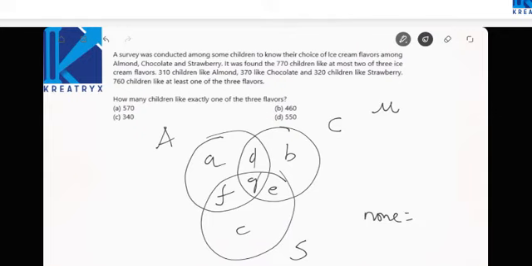Okay. Now it was found that 770 children like at most two of the three ice cream flavors. At most two of the ice cream flavors means you have to include the persons who like two flavors, one flavor and zero flavors. So what will be the value there?